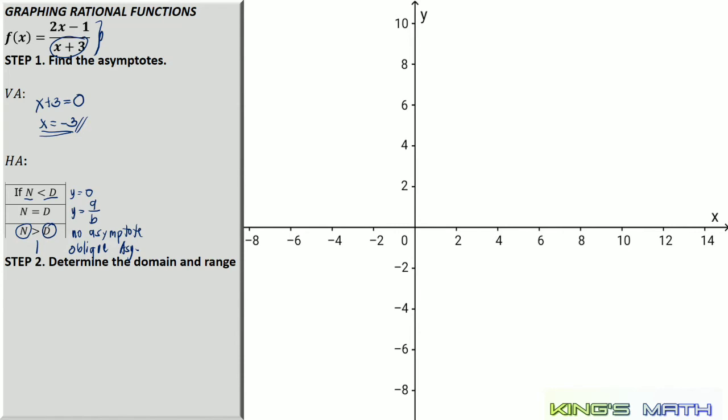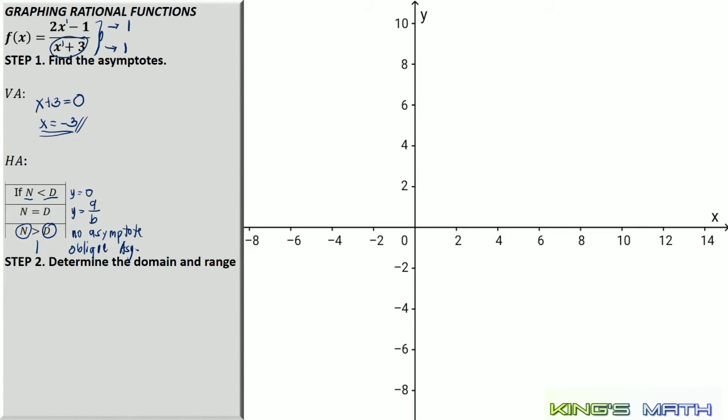So let us determine the horizontal asymptote of our function. If you observe, the degree of the numerator here is 1. And in our denominator, the degree is 1 because the exponent here is 1. We don't need to write 1 because it is understood that the exponent is 1.